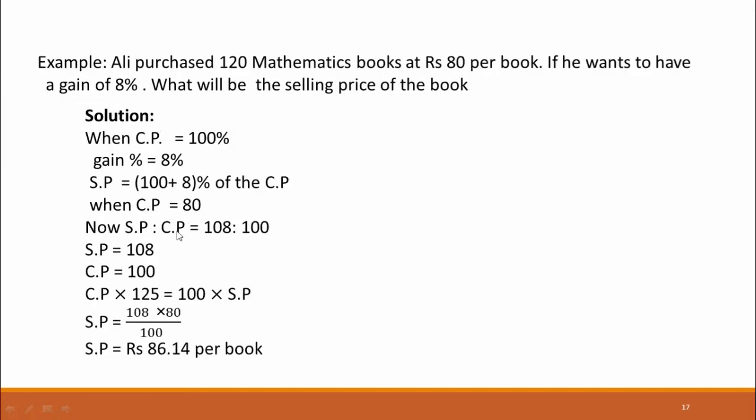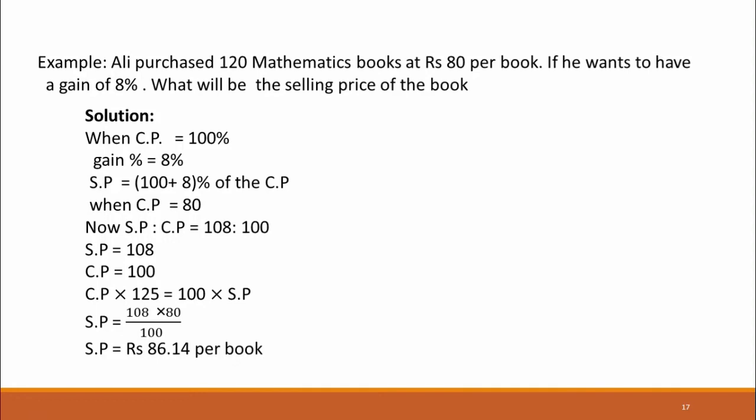In this example, the selling price is 86.14 per book. So dear students, in this lecture, two things should be noted: how to find the profit, how to find the loss, and how to find the percent profit and percent loss. And this is the end of this segment.